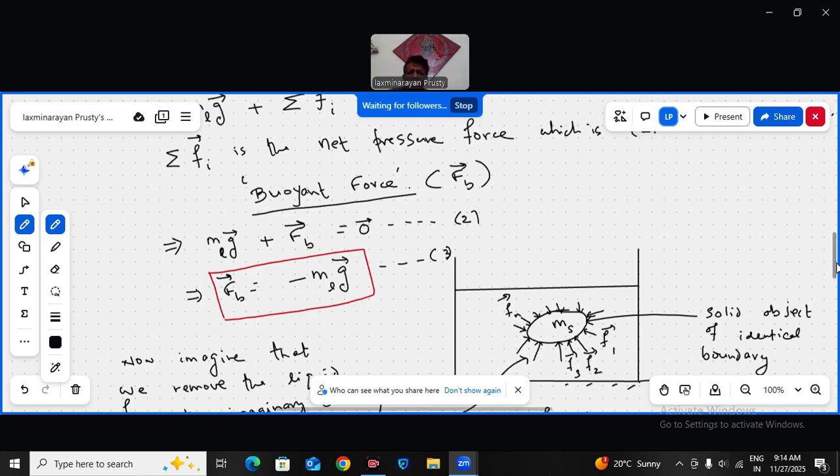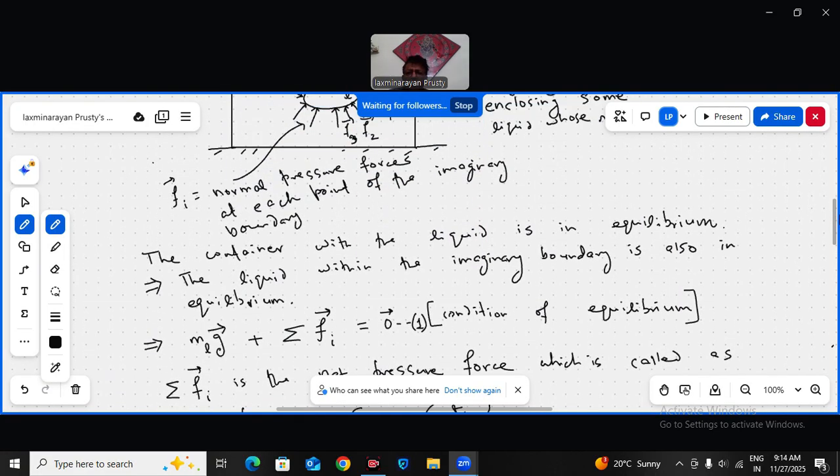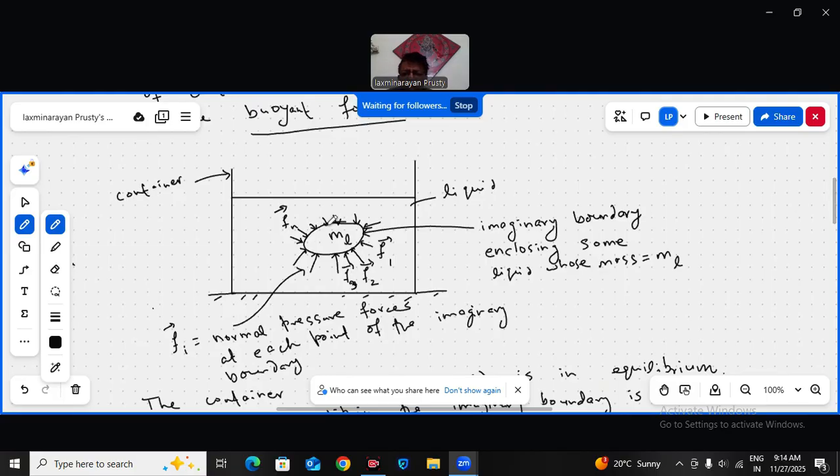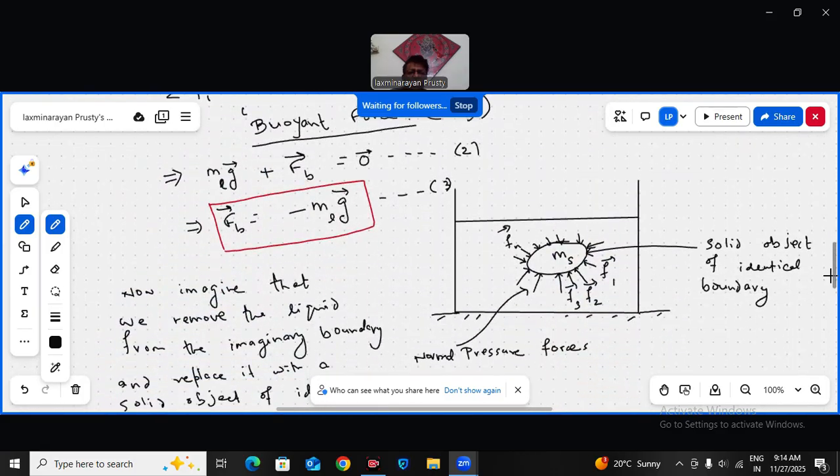Now what you do? You remove this liquid, keep the boundary of this liquid in the container unchanged, but suck out this liquid and replace it with a solid body of the same boundary. The solid body, now it is Ms, a solid object of identical boundary.